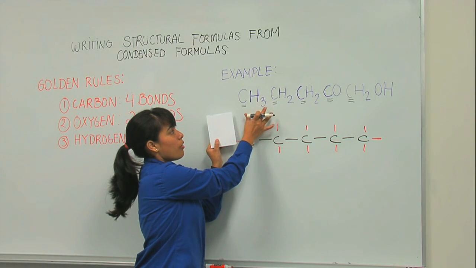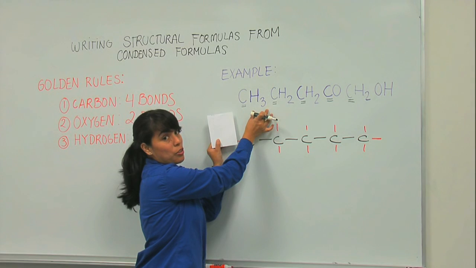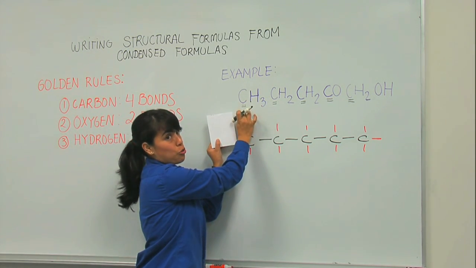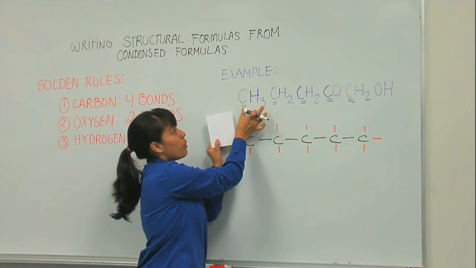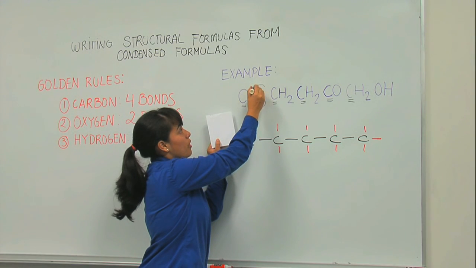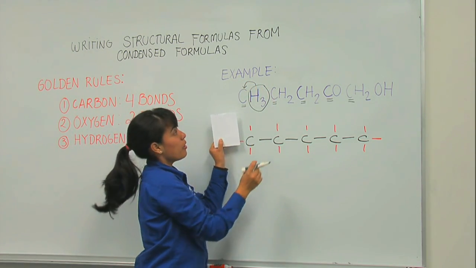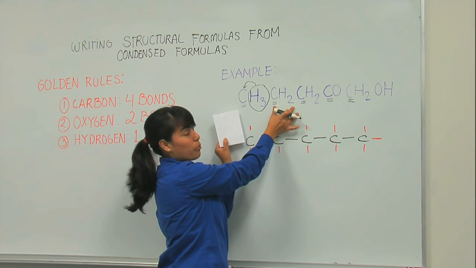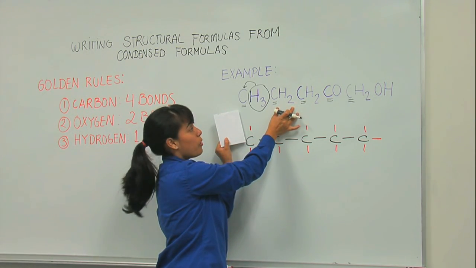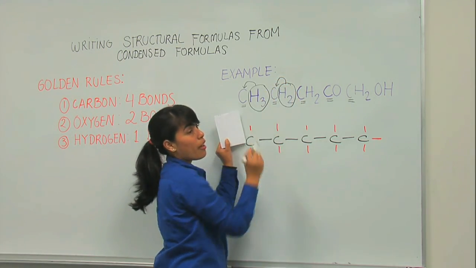My next step is always to look at my original condensed formula and imagine that whatever is to the right of a carbon is going to be attached to that carbon. So let's take a look at this carbon. To the right are 3 hydrogens. So these 3 hydrogens are going to be bonded to that carbon. Next to this carbon are 2 hydrogens, so these 2 are going to be bonded to that.